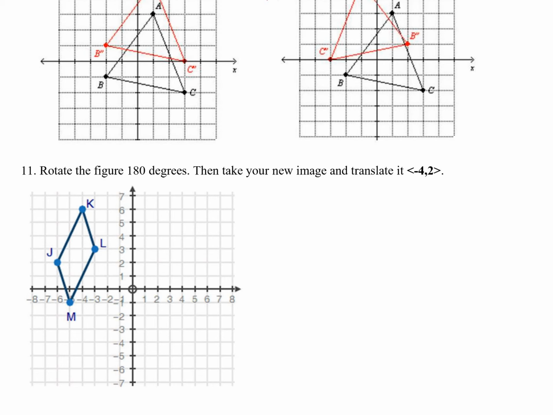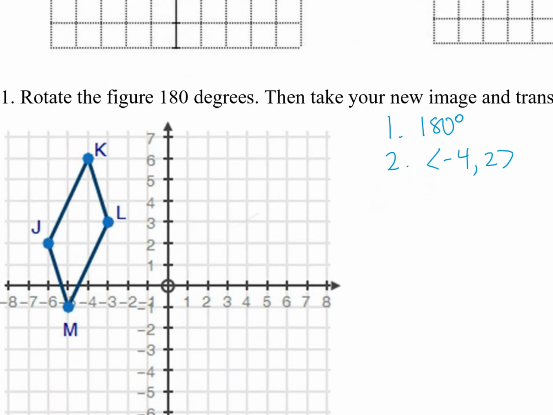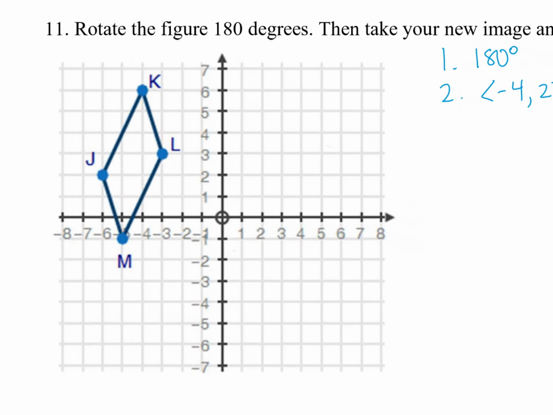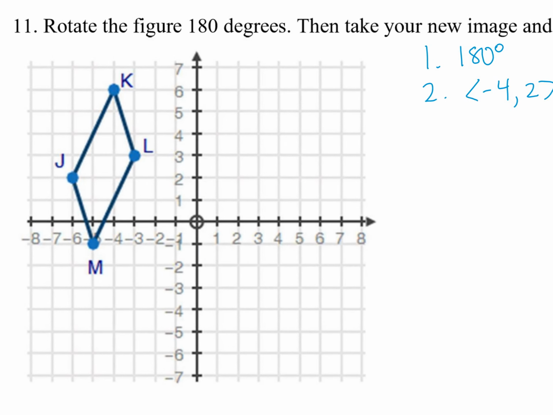All right, so we're going to rotate this and then translate it. So rotate 180 degrees and then do this vector -4, 2. First job is to rotate 180. 180 means we're not going to swap, but each one becomes the opposite of itself.